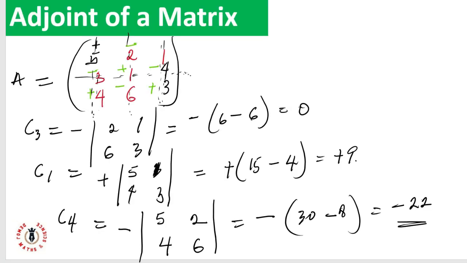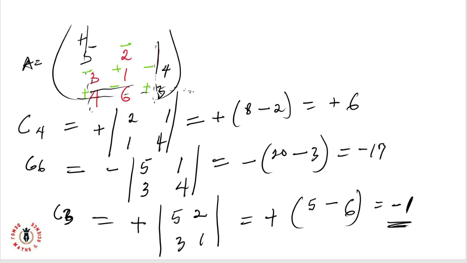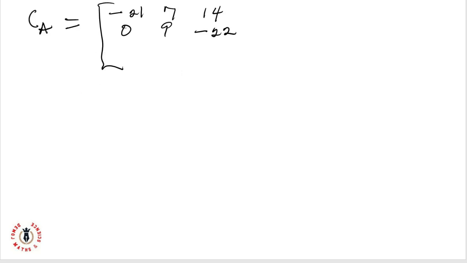On the second row, we got 0, 9, and minus 22. And on the third row, we have plus 6, minus 17, and minus 1.